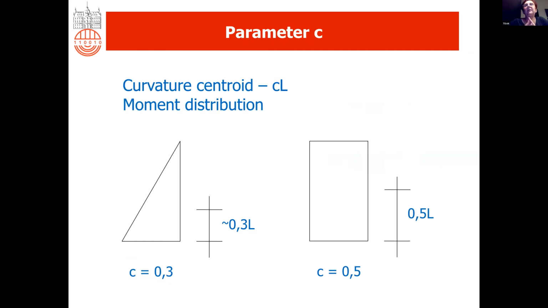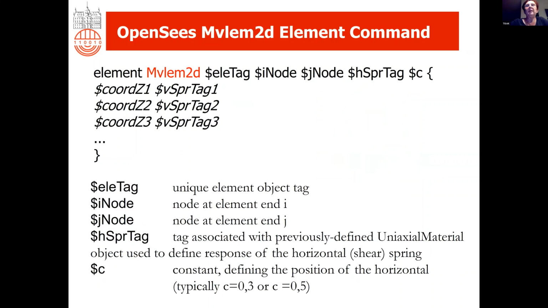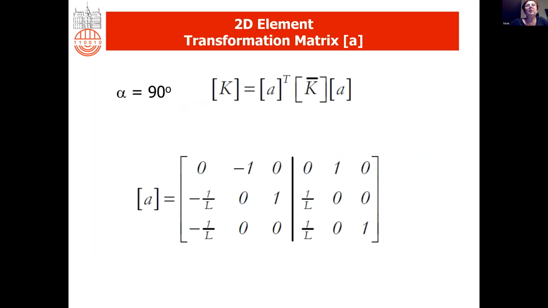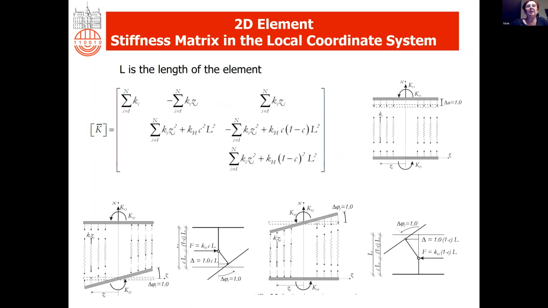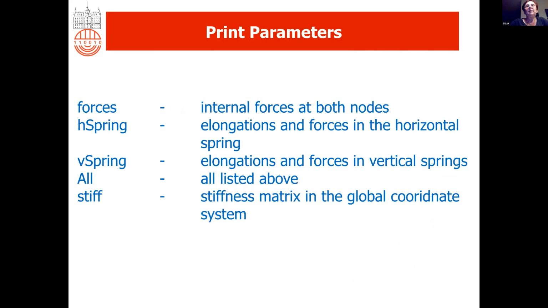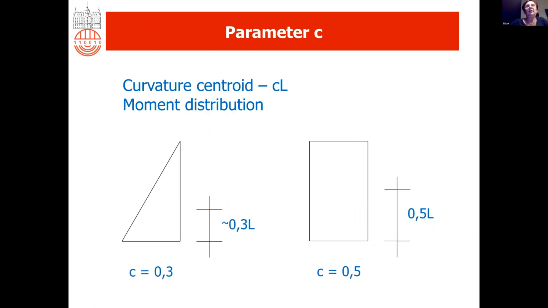The last parameter that I have to explain is the parameter C. Probably to go back just to remind you why it is important. It is the position of the shear force in the element, and it is typically placed at the curvature centroid, and it depends on the moment distribution.